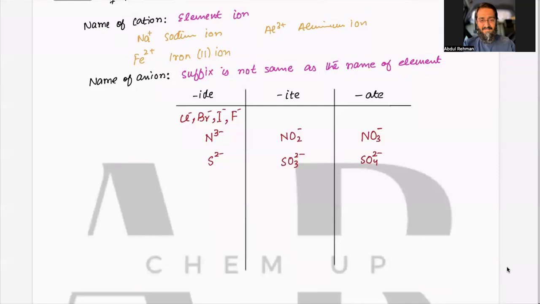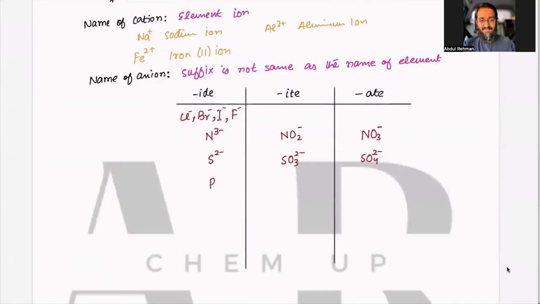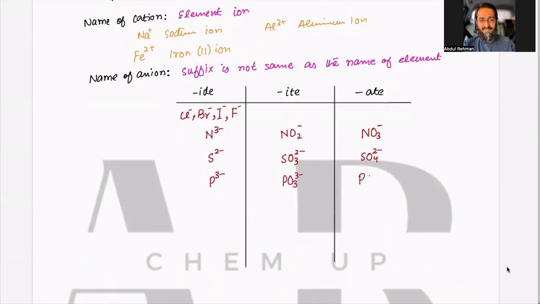So it is going to be phosphide, then PO3 3-, and PO4 3-, phosphite and phosphate. Is this clear? Okay. Now, besides this, OH-. See, this is the only exception where there are 2 elements and it is still called hydroxide, IDE.